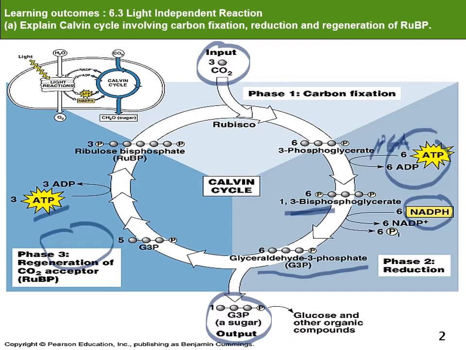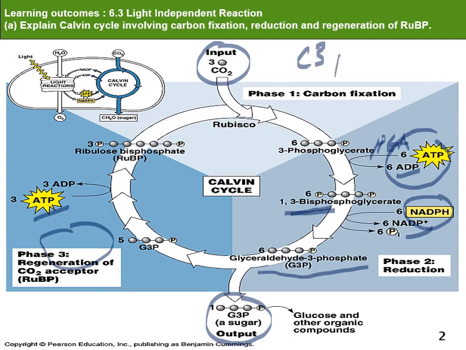Then the NADP plus and ADP that form in this process will return to the thylakoid to regenerate NADPH and ATP. The light independent reaction or Calvin cycle is also known as the C3 pathway.